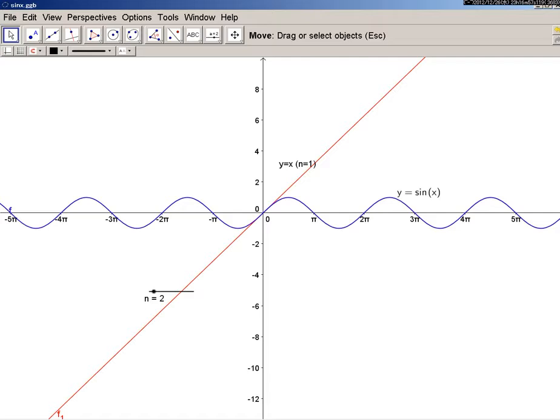For n equals 1 and n equals 2, the second polynomial and the first polynomial are the same, because the second coefficient is 0, because y equals sine x is an odd function. But the third polynomial is different: y equals x minus x cubed over 3 factorial.